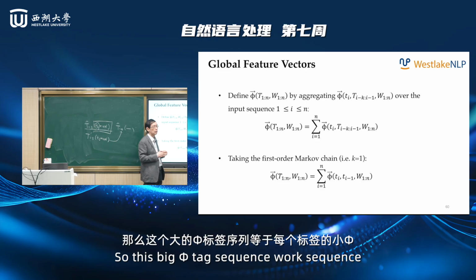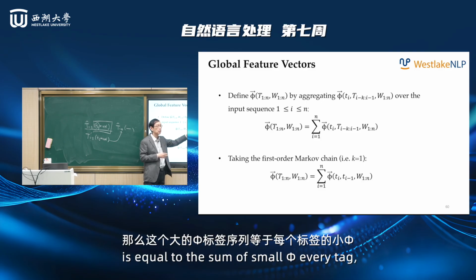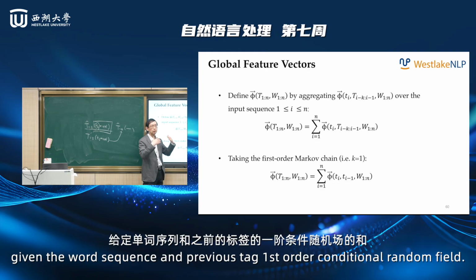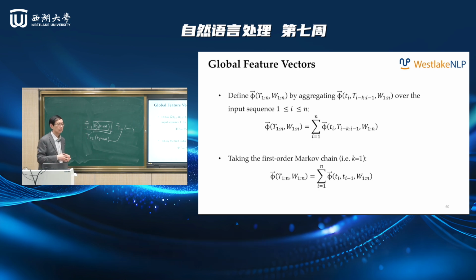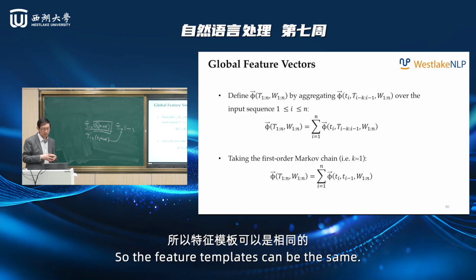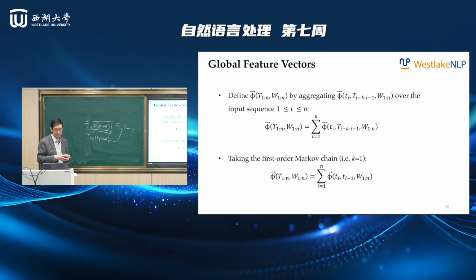So this big phi of tag sequence and word sequence is equal to the sum of small phi of every tag given the word sequence and previous tag. First order conditional random field, okay? All right, so the feature templates can be the same. This is easy to understand, right?